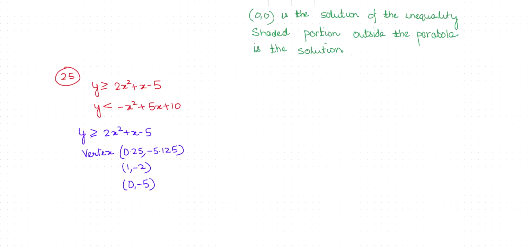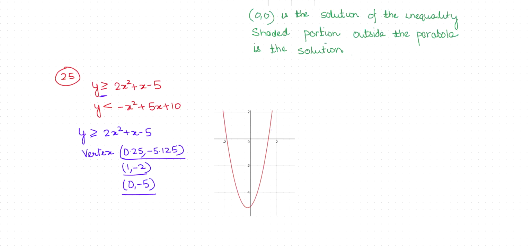This is the vertex we got, and we got two easy points, easy to calculate. When we put x as 0, we get -5, and when x is 1, we get -2. So let's graph this, and because this has an equal to sign, it will be a solid line.